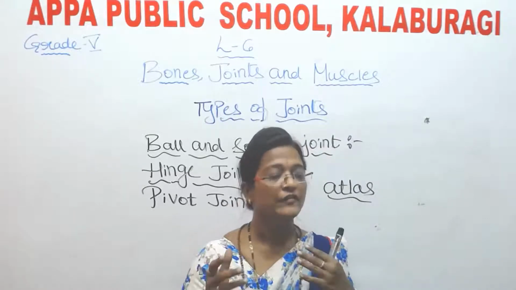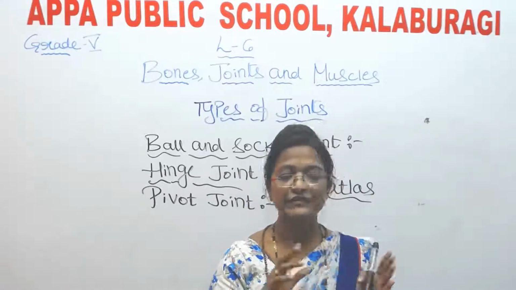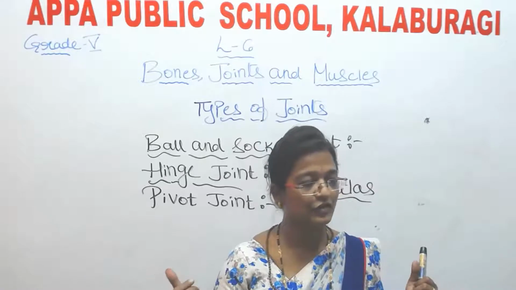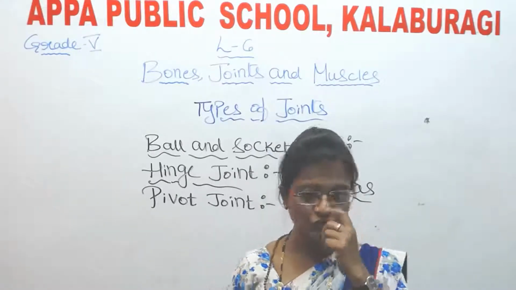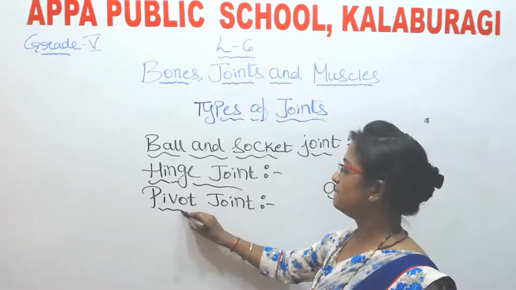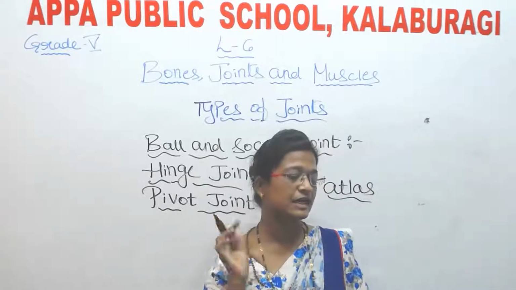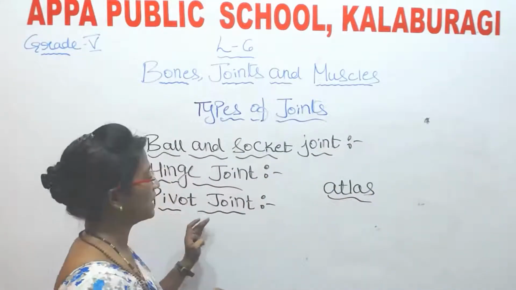Except backward, we can move our head in these directions. This is possible because of the pivot joint, present in the skull and the first part of the vertebrae. Okay, so this is our pivot joint.